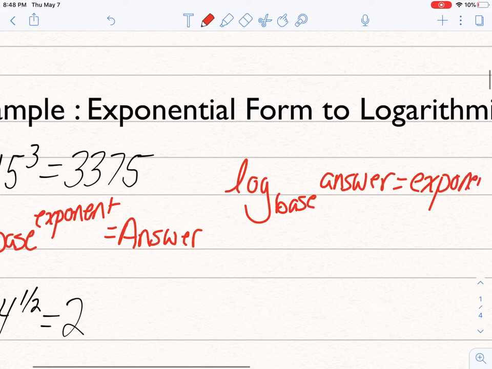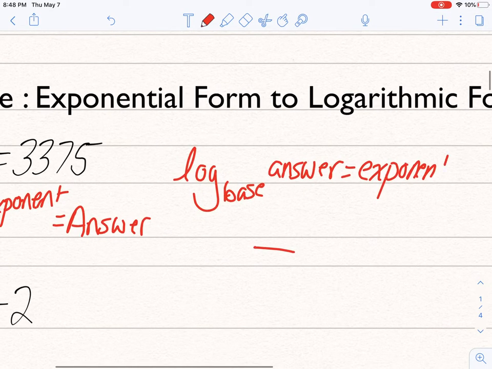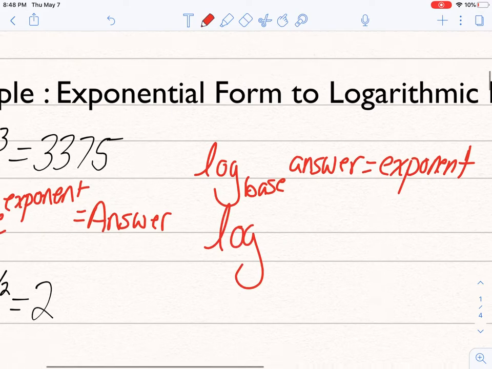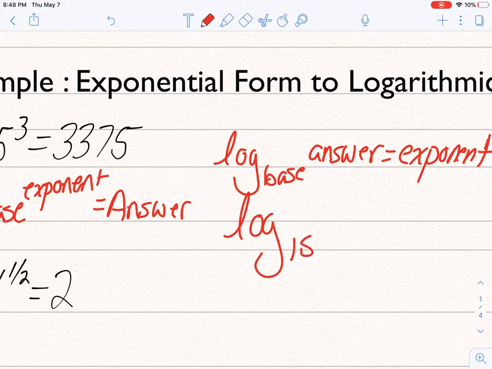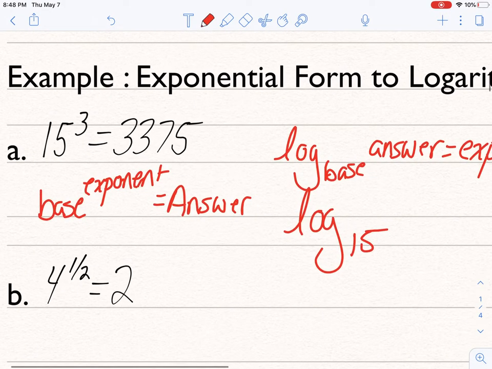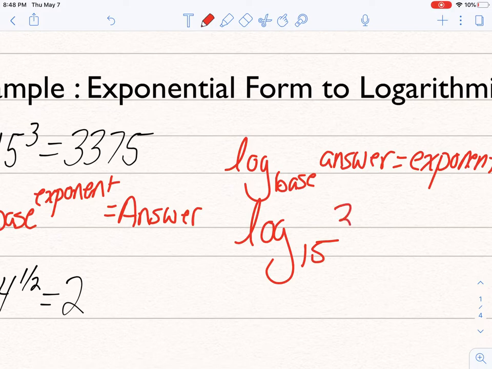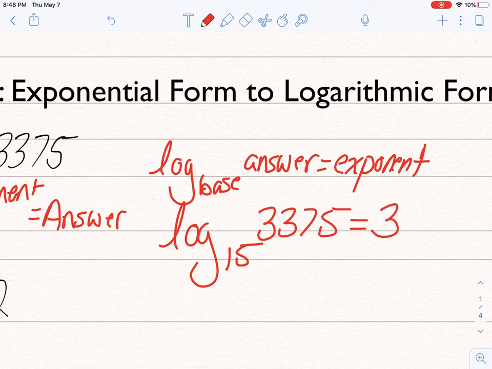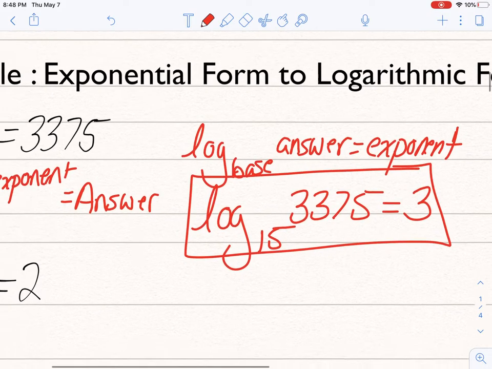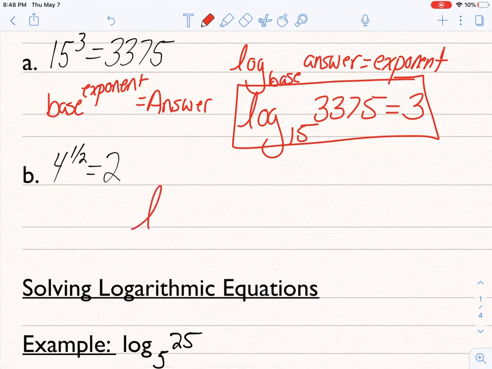So when I write this answer, it should be log, my base is 15, my answer is 3,375, and that should equal my exponent of 3. So there's my answer there. Going on to the next one. Again, log, next comes my base, so 4, my answer of 2, and my exponent of 1/2. Alright, so there's my answer there.